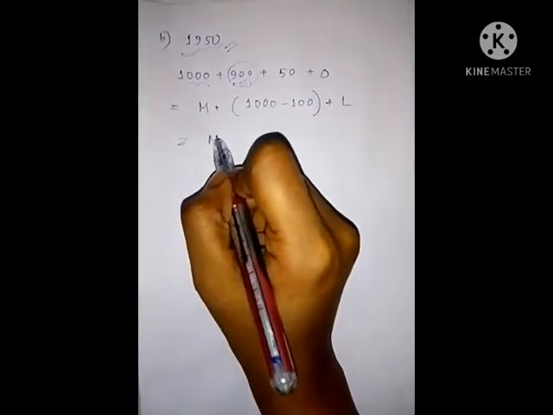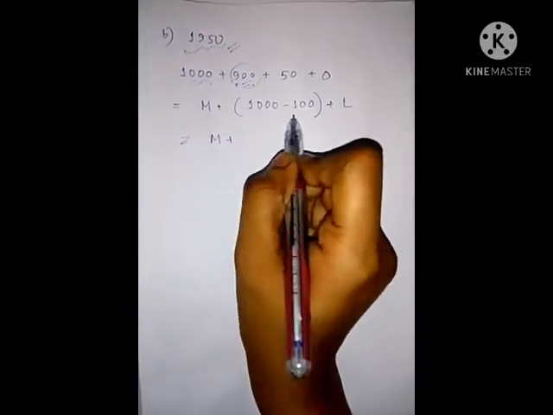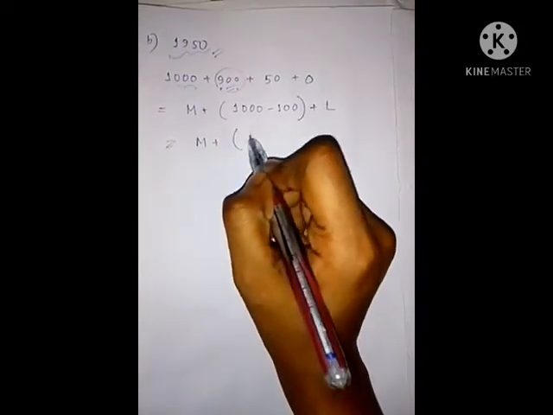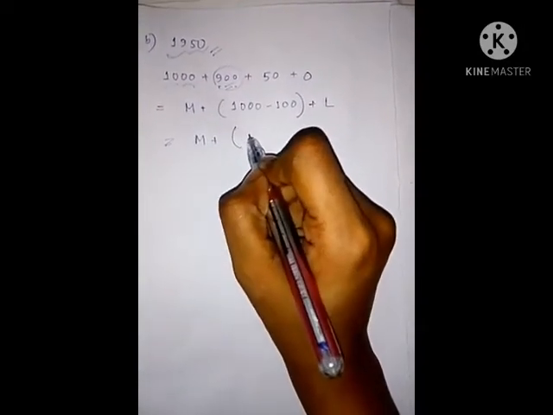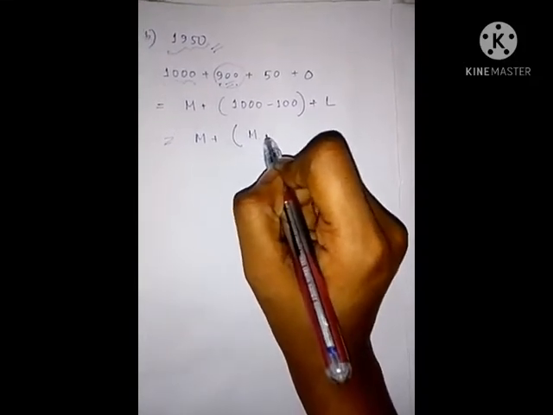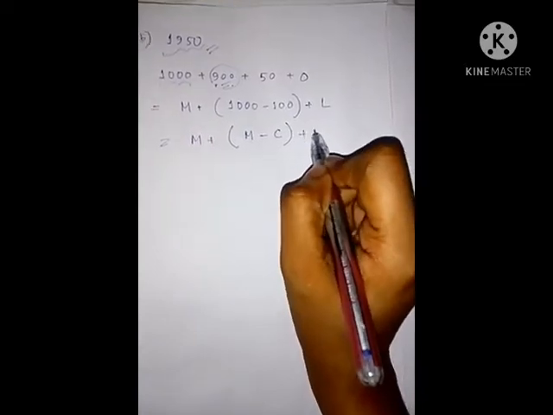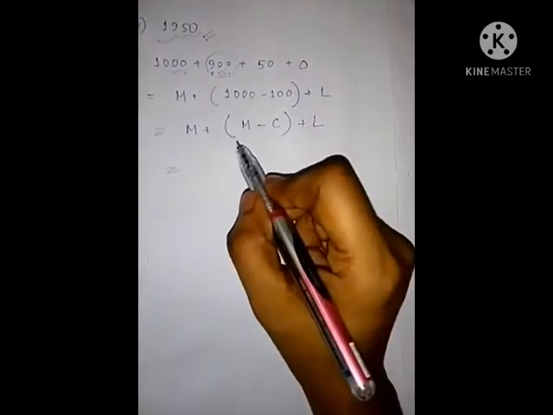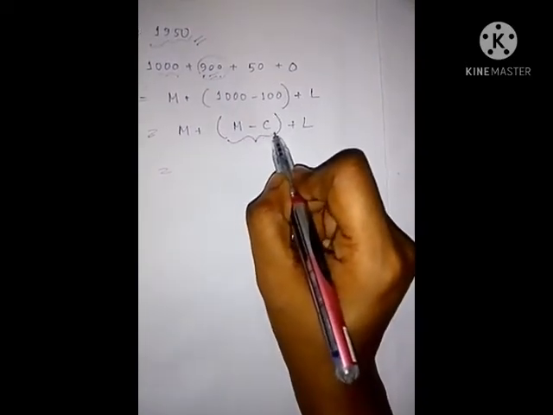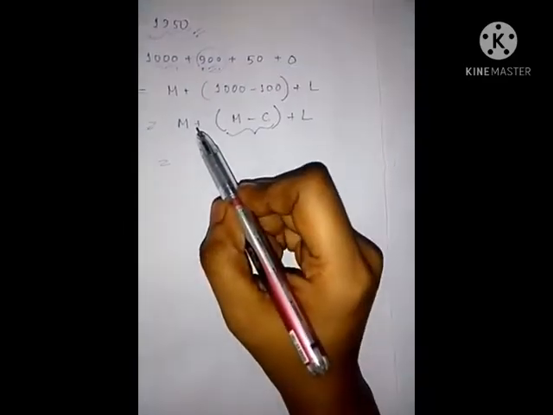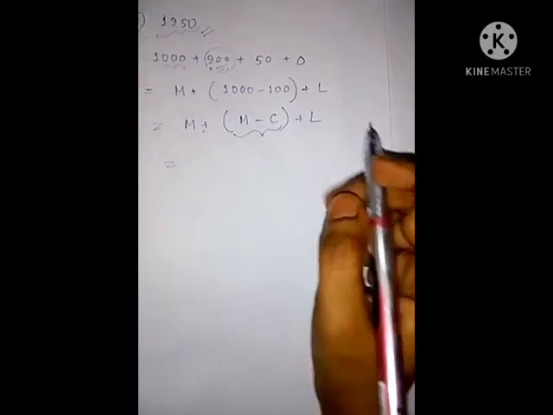Now see, M 1000. 1000 means what? M minus, and 100 means C plus L. This. So in Roman numerals we cannot use these addition subtraction symbols.